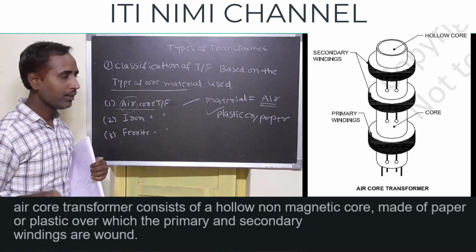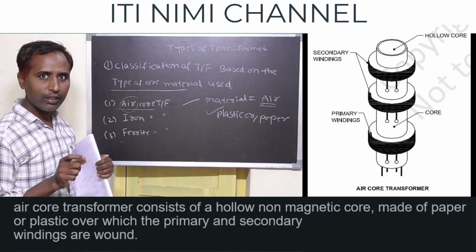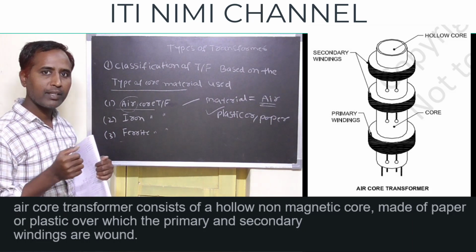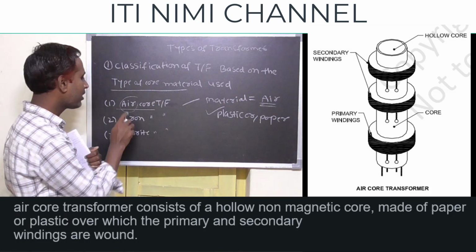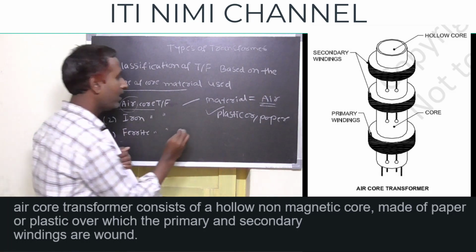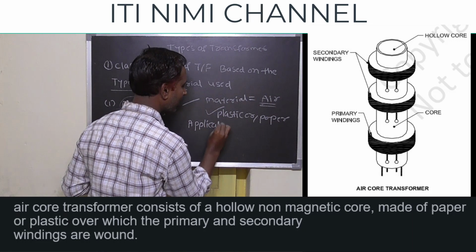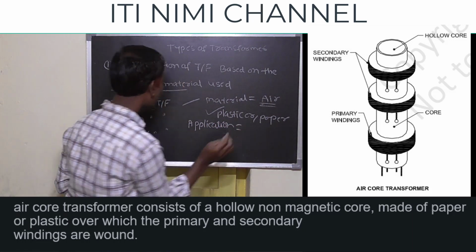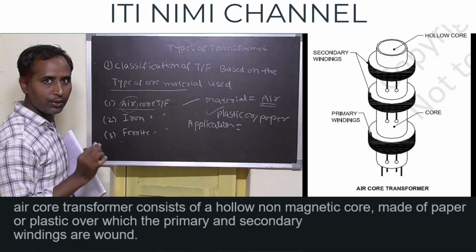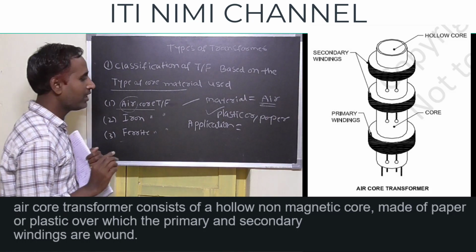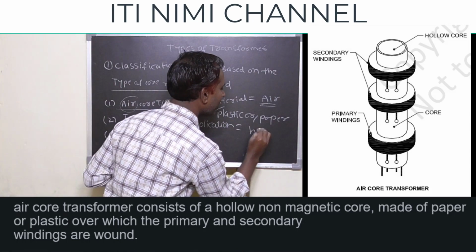This is clear. So second point we have to remember, where this type of transformers are used. Means application of air core transformer. This is the second point we have to keep in mind. Application. So friends, air core transformers are used in high frequency application. This is important point.